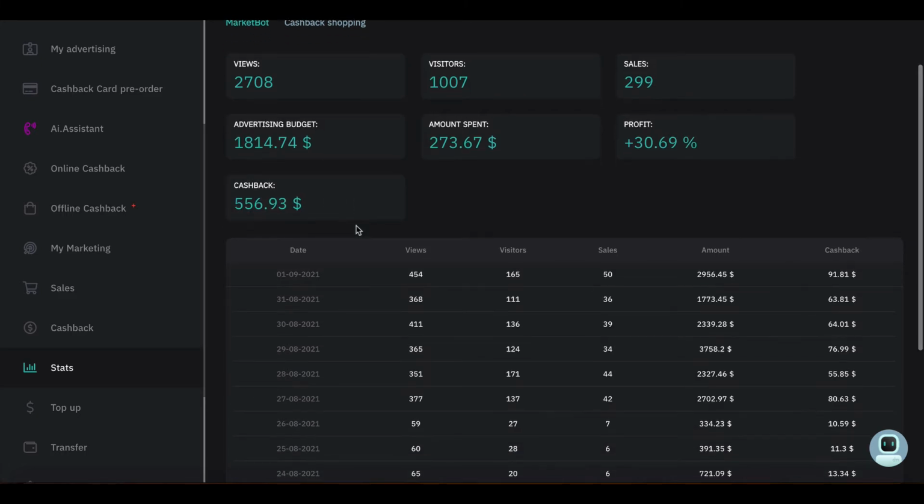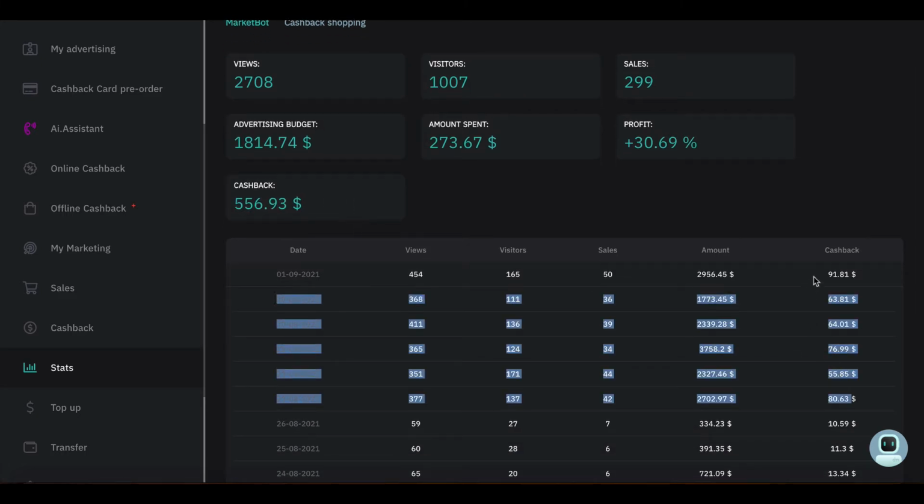as you can see, I am getting about $74 cash back per day. That's what my tracking expected.